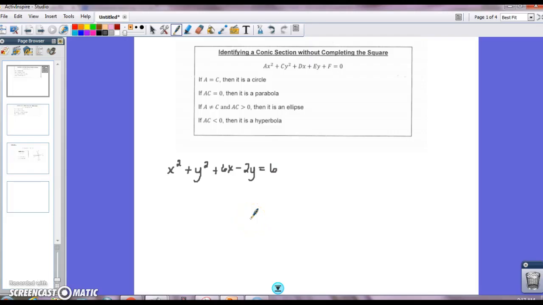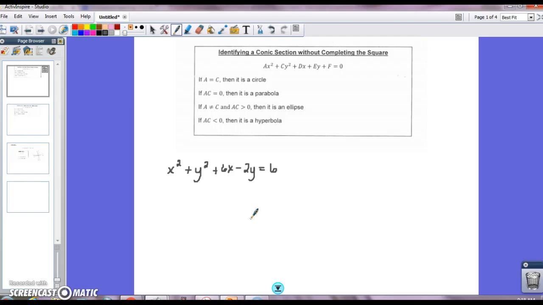And we can easily enough determine what type of conic section this is simply by completing the square on both the x and the y and getting it into the standard form. Okay, so let me show you how we would do that.